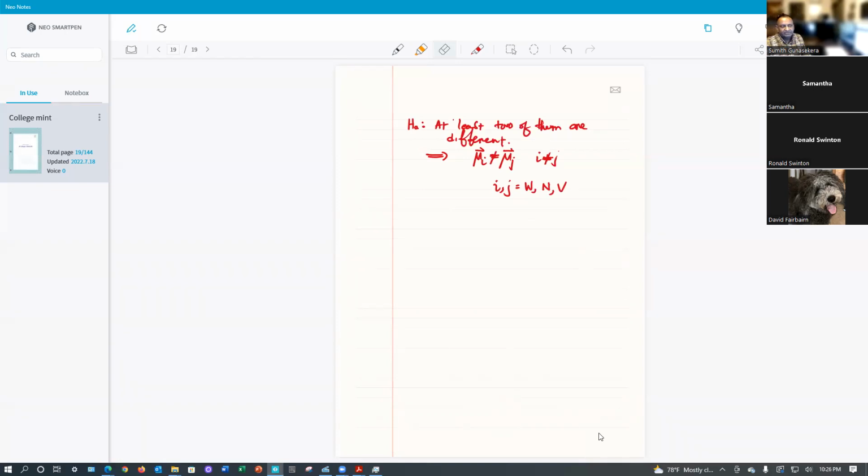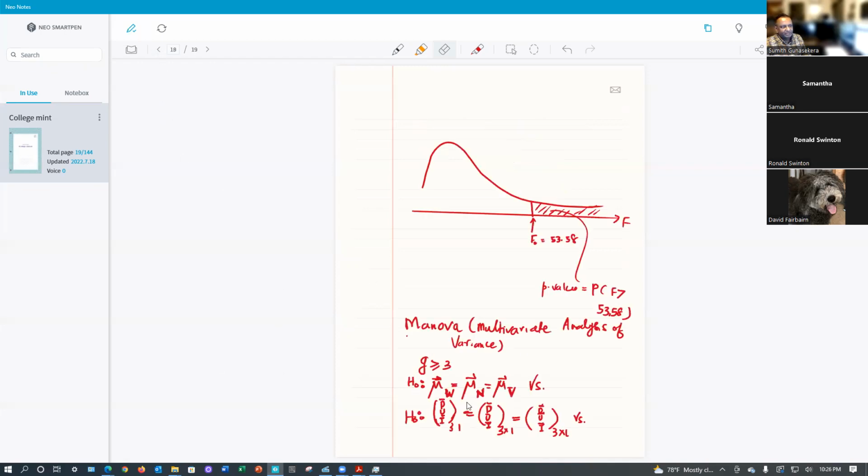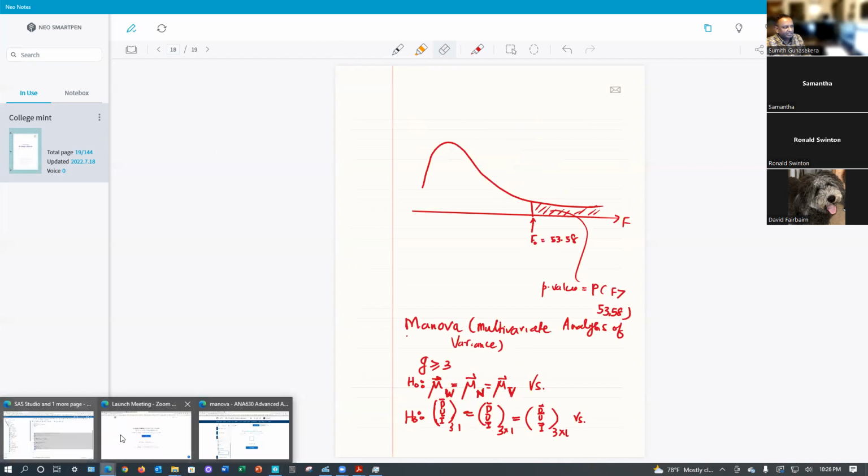That's the hypothesis we're going to check, because we can say whether we're going to reject this one or not by looking at this p-value.